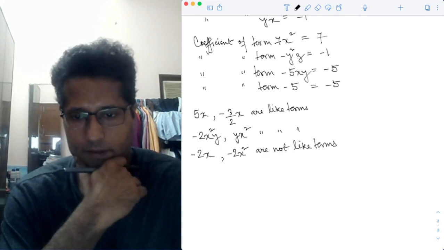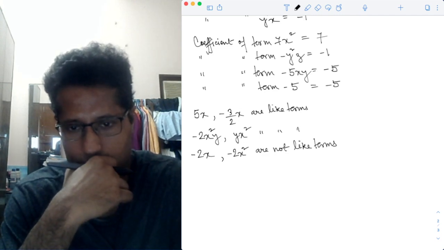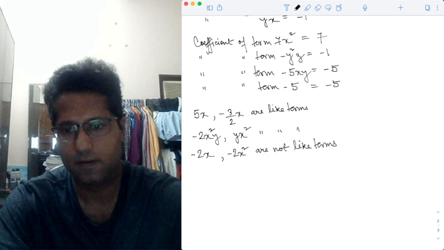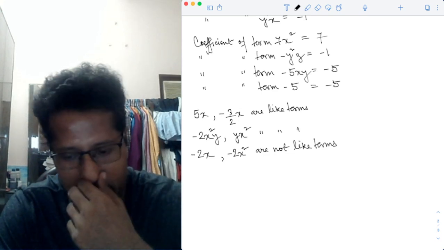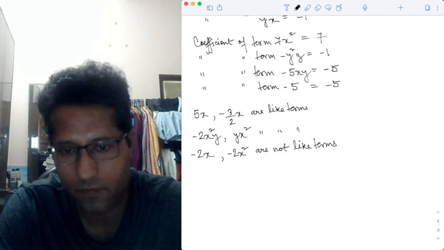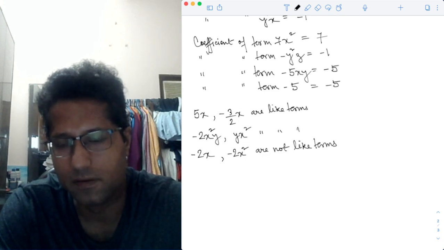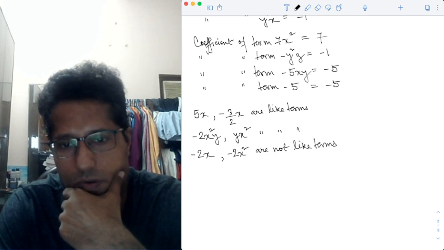Now you might be wondering: when I say two terms are said to be like when they have the same literal factors, what does that actually mean?